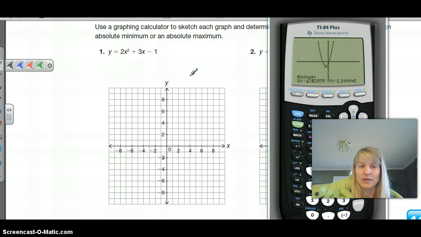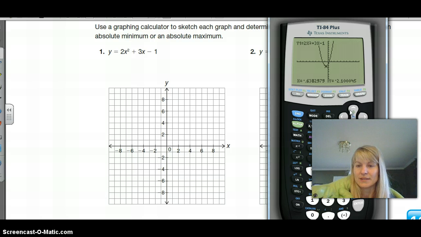And then we said that the y-intercept was at, let's see, -1.